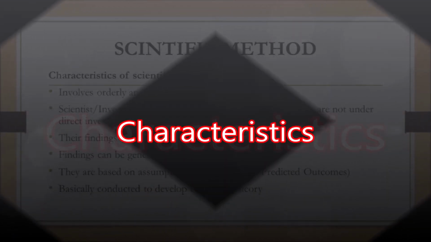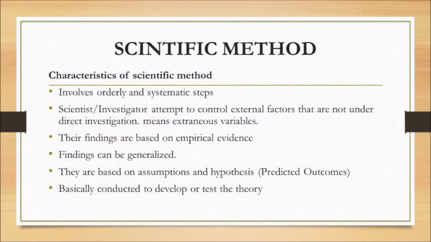Those are: the scientific method involves orderly and systematic steps. In the scientific method, the scientist or investigator attempts to control the external factors that are not under direct investigation, that is, he tries to control extraneous variables. Scientific method findings are based on empirical evidence.